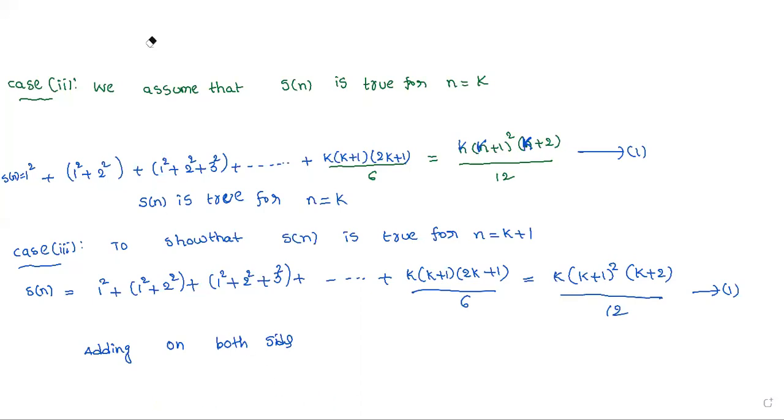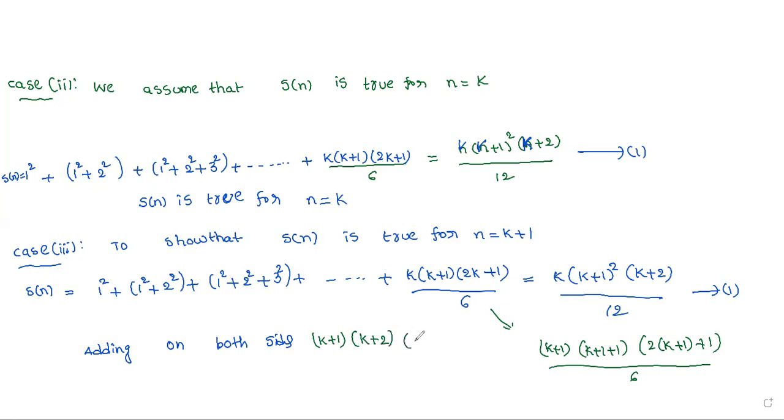Replace k with k plus 1: k plus 1 into k plus 1 plus 1 into 2 into k plus 1 plus 1 by 6. So that is k plus 1, k plus 2, 2k plus 2 plus 1, that is 2k plus 3 by 6.